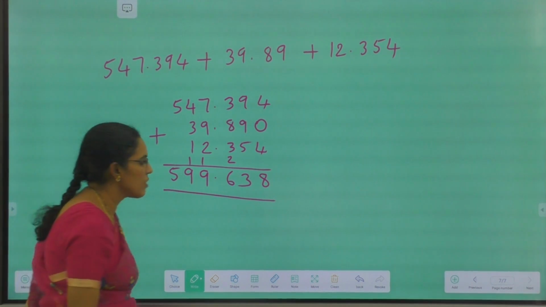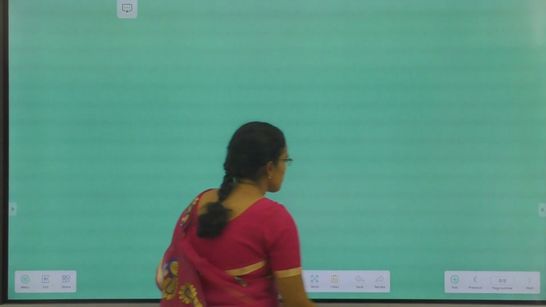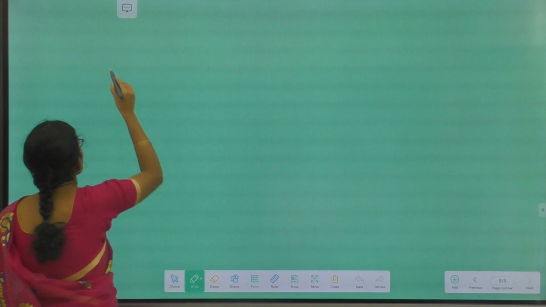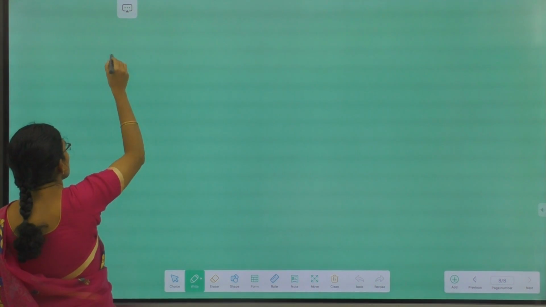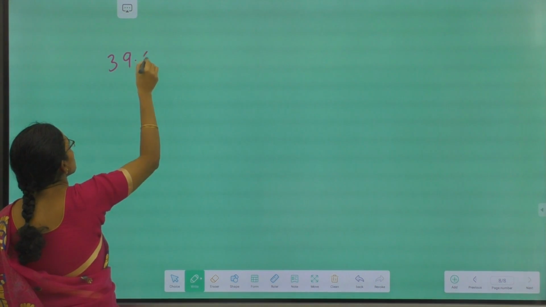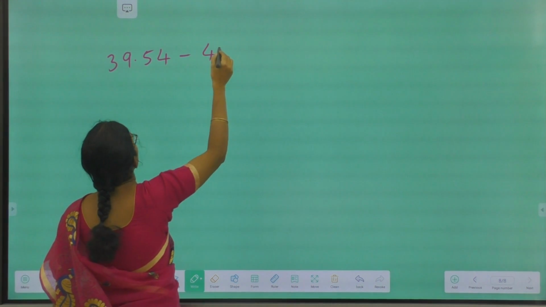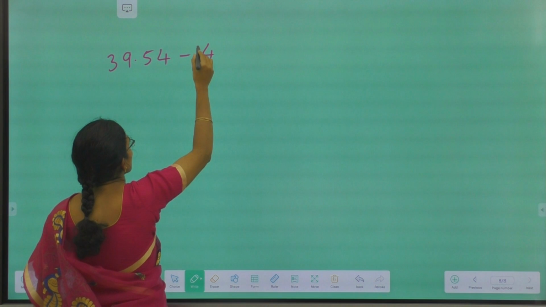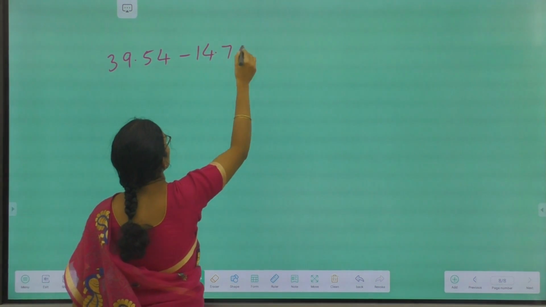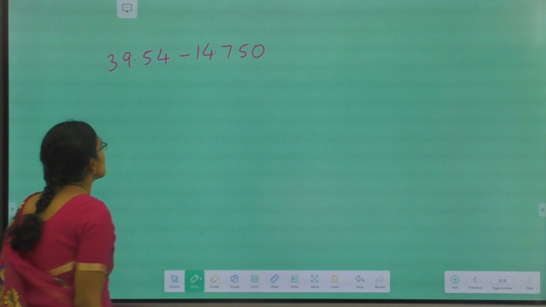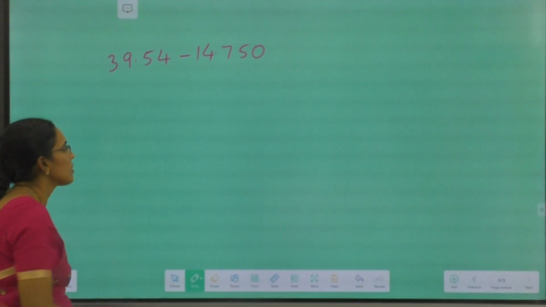Now we'll see how we subtract the decimals. For example, 39.54 minus 14.750. Suppose you want to subtract these two.